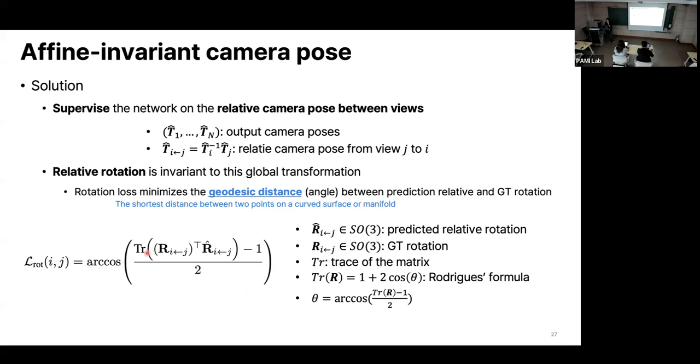I think this Rodrigues formula is the most famous angle equation. So just use this and convert it into this form, and with cosine, we can get this relative angle. Based on this, we minimize the difference between the relative rotations.